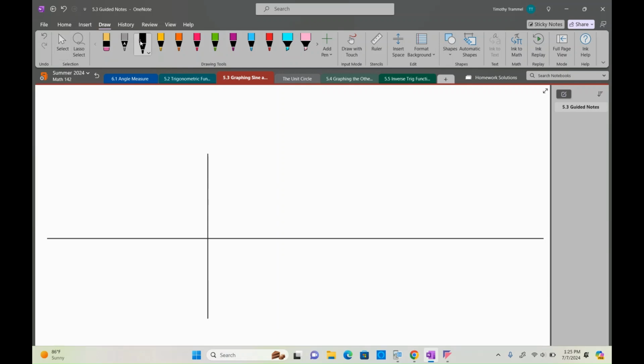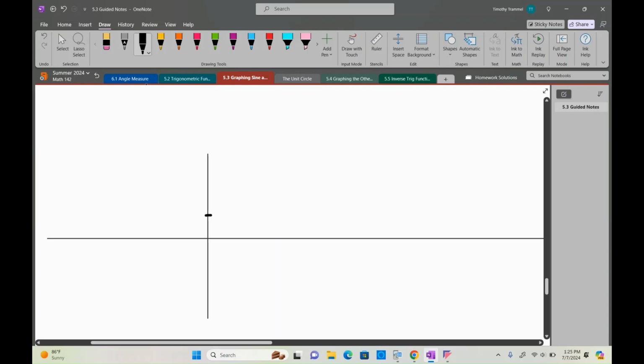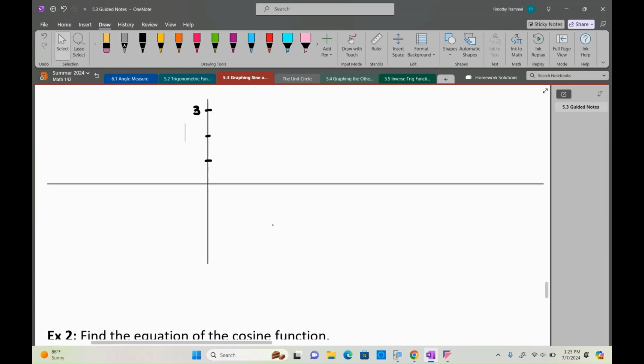So let's maybe divide this into thirds, each the positive y-axis and the positive x-axis, or try to. So I'm going to call that 3 here. And then similarly down this direction.